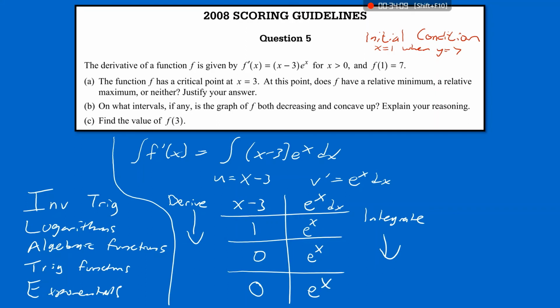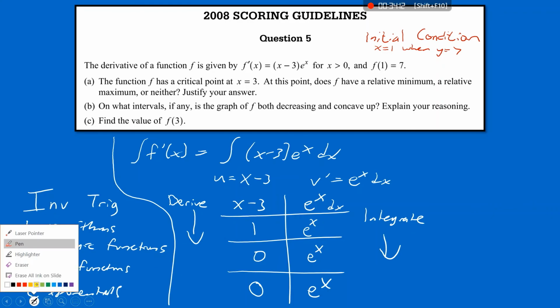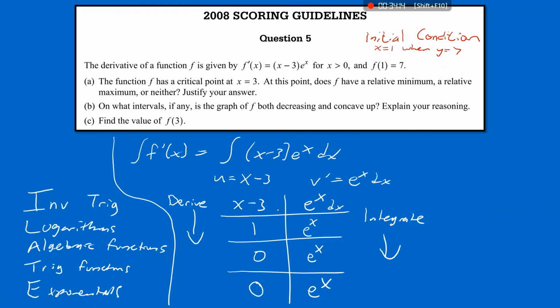Okay, so now I'm going to go through and match these. I'm going to match these diagonally for each of my terms, and I'm going to alternate the sign: positive, negative, positive, negative. So my answer for this integral is equal to e to the x times x minus 3, minus 1 times e to the x, plus 0, plus c.